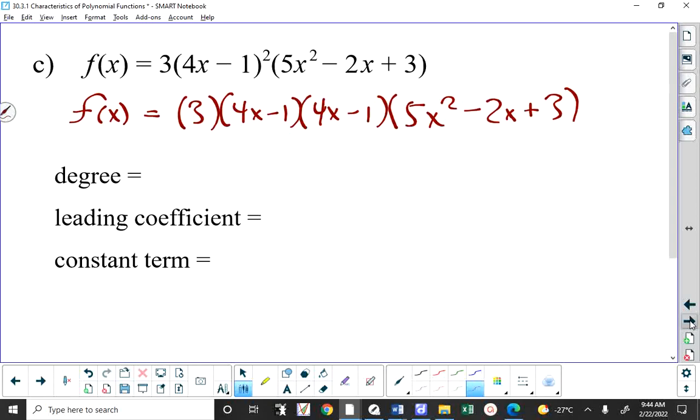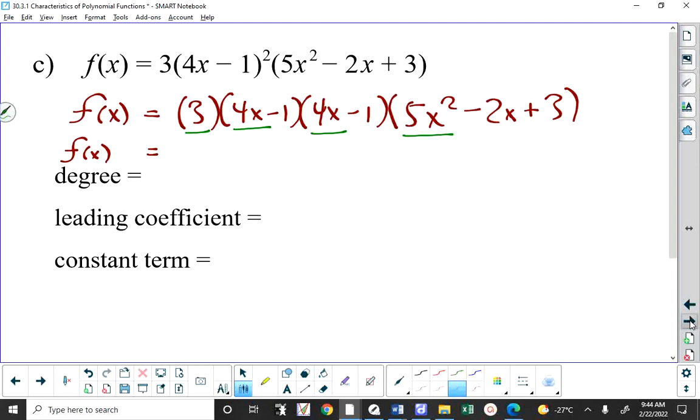The first term, this is a little tricky. The first term is found by multiplying the highest degree term in all of the factors, and 3 is the highest degree term in that first factor. Remember, factors are things in brackets that are being multiplied.